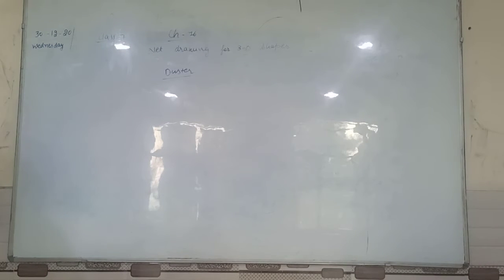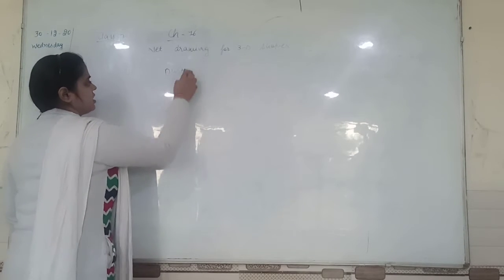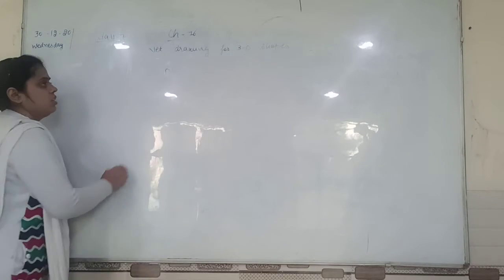Same like this, there are nets for 3D shapes, that is cube, cuboid, cylinder, cone, triangular pyramid, square pyramid, all are having the net. And these nets we will discuss in today's video.